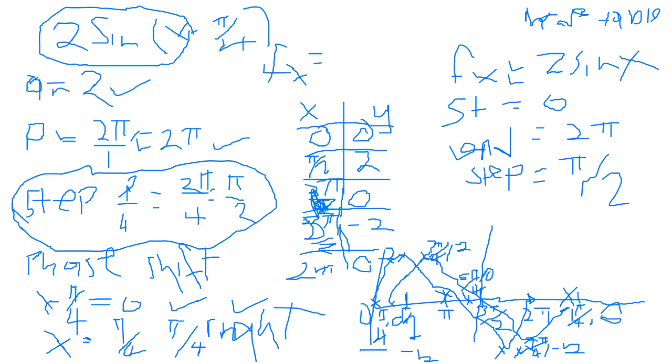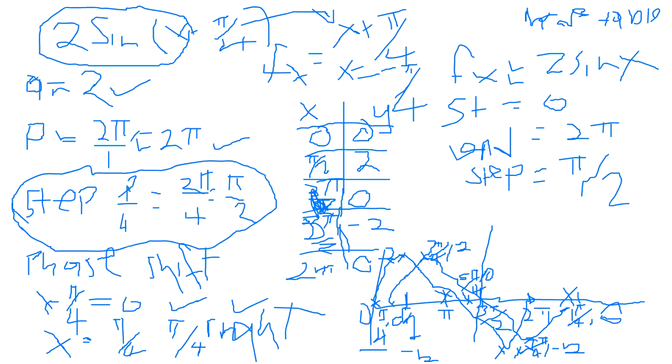So if it was x plus pi over 4, you find out that x will be equal to minus pi over 4. Have you seen that? So if it is minus, then it means that it is pi over 4 to the left.